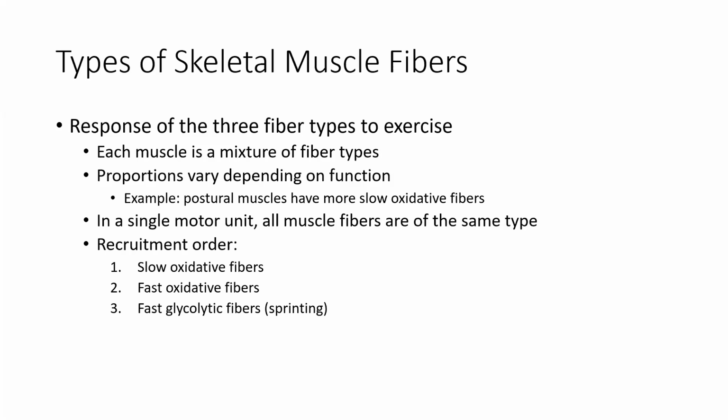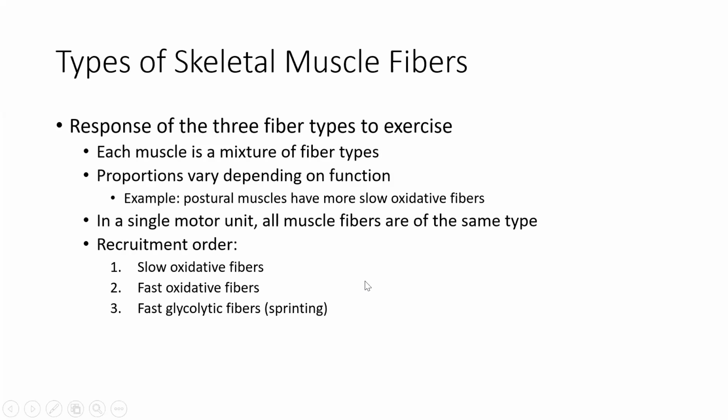And so on that basis, the slow oxidative fibers, which are usually smaller in their diameter, are going to be recruited first. And then the larger fibers, which are fast glycolytic fibers, are going to be recruited last because they're larger. It's going to take more energy, more synaptic input to actually depolarize these larger neurons, to energize these larger fibers that are attached to these larger motor units.